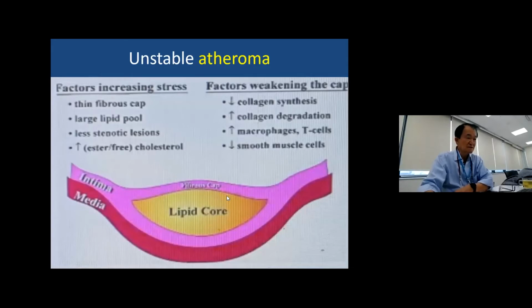But the unstable atheroma can be a problem with two factors: increasing stress or weakening of this capsule.